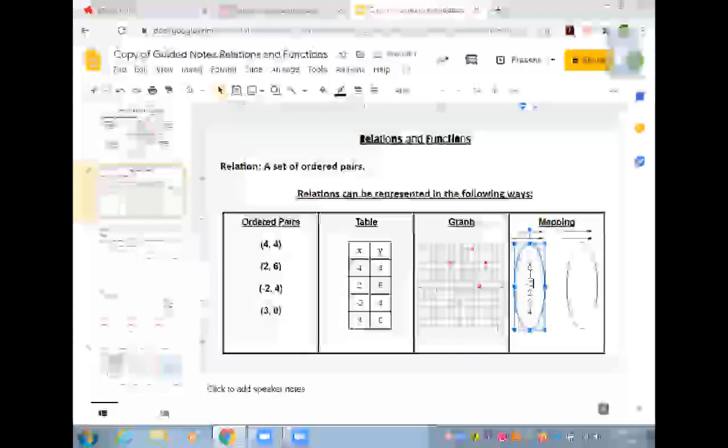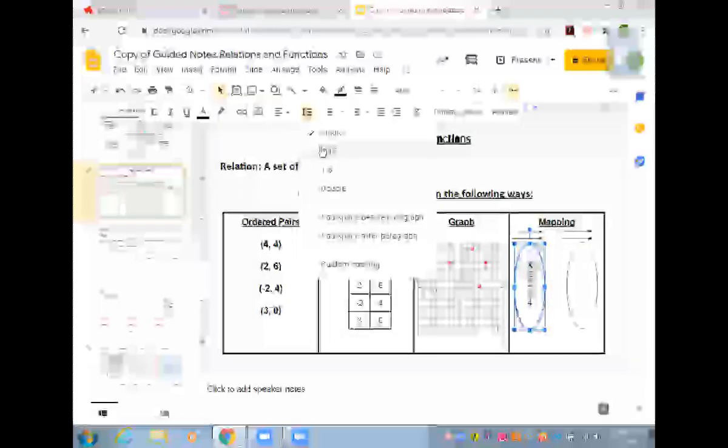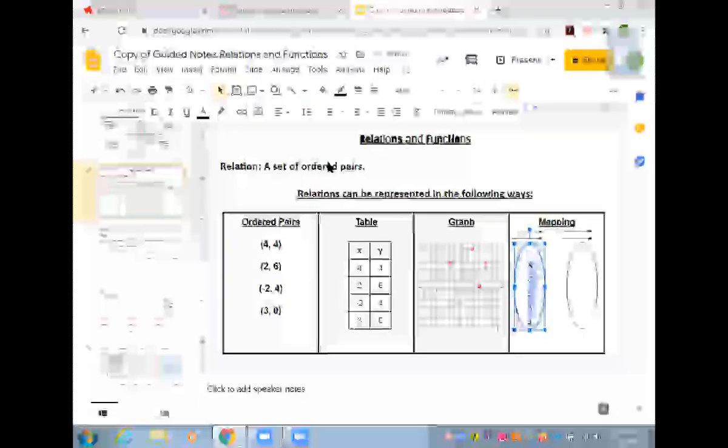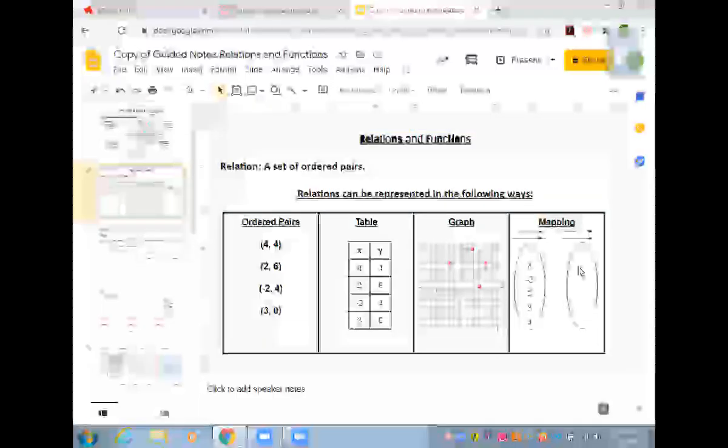Oh, that's not going to work. Let me highlight them and change my line spacing. All right, I think that worked pretty good. So there's my X's.